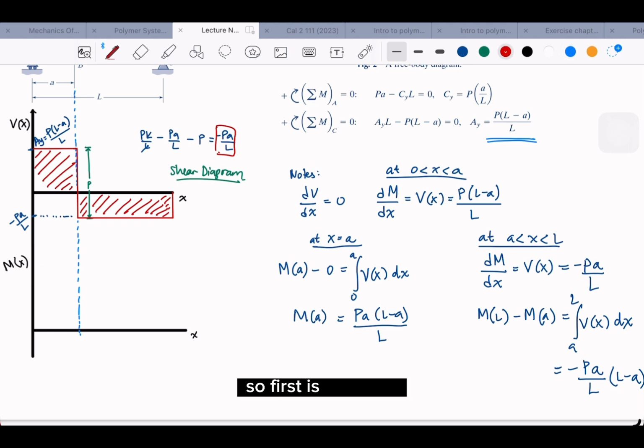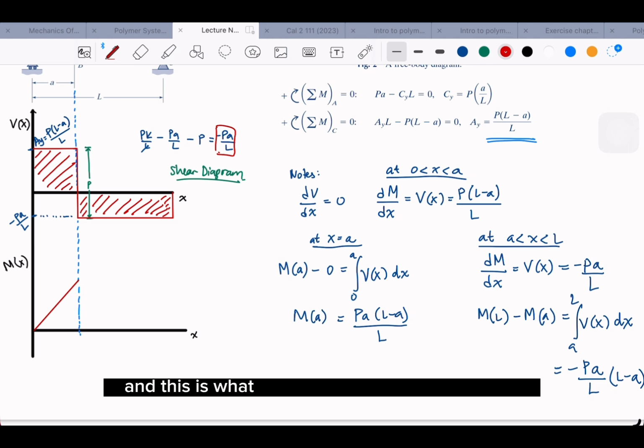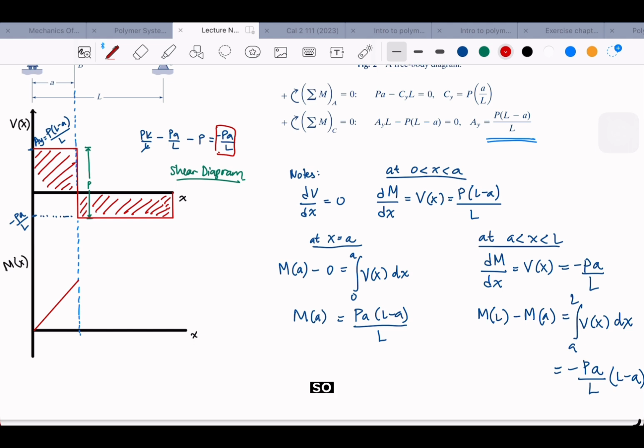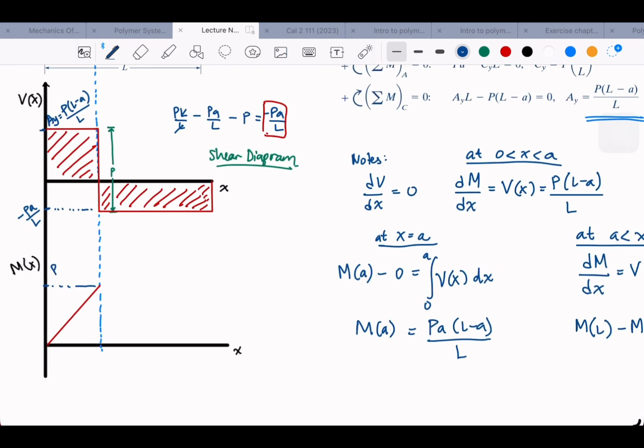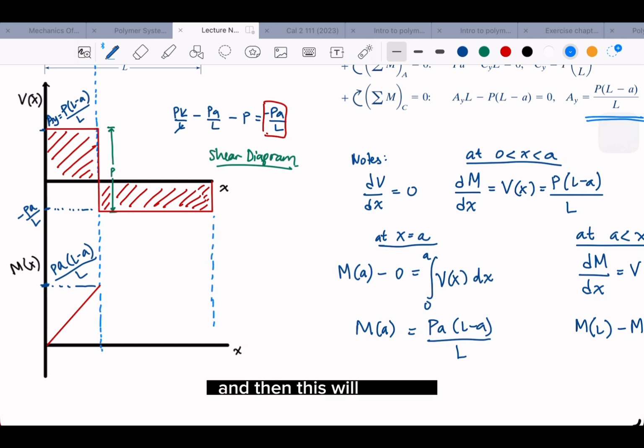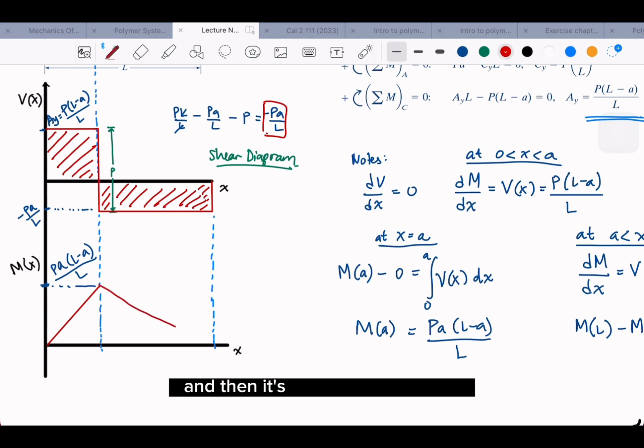So first it is going up, maybe that way, and this is what? The PA, right? PA times L minus A over L. So this is PA times L minus A over L, okay? And then this will be the L, and then it's going down like that.